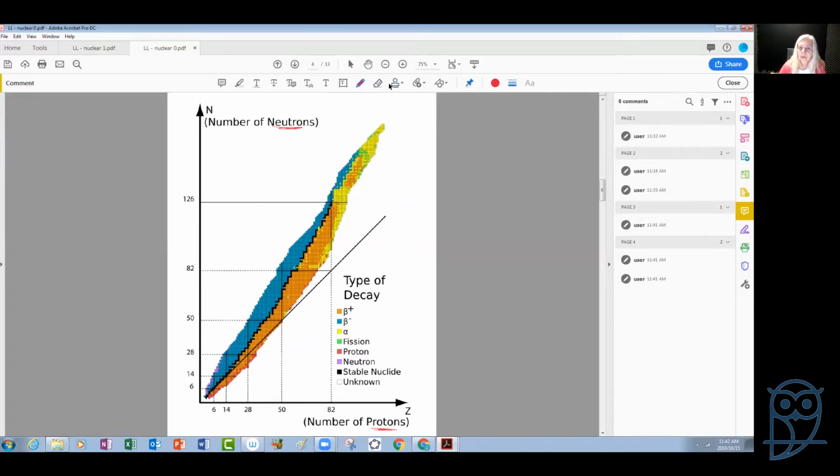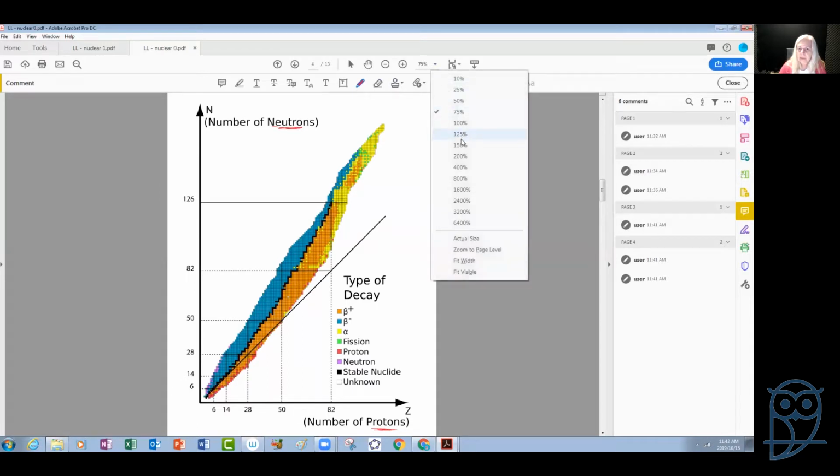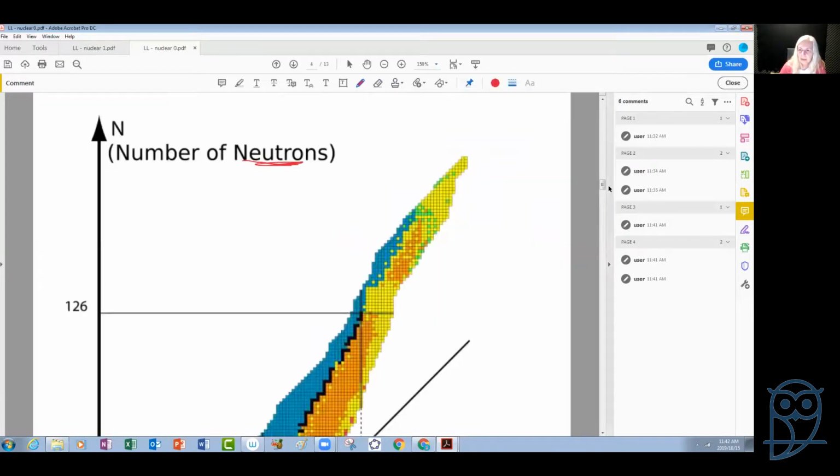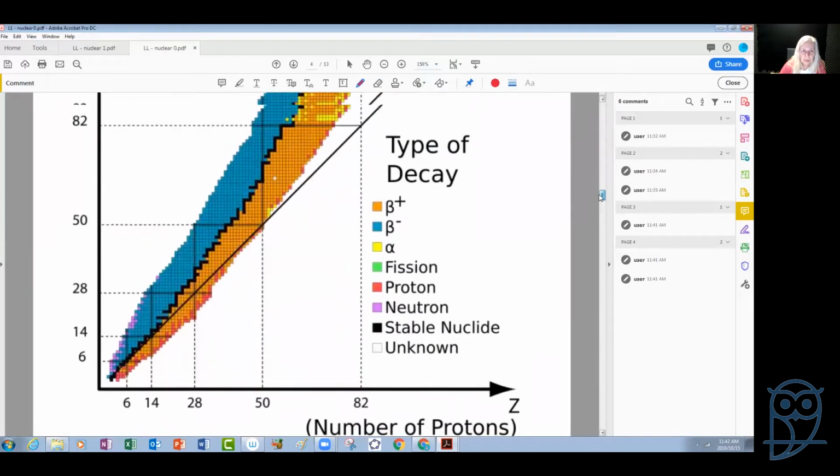Now, I would like us to make it a bit bigger. If you look at every little square here, it corresponds to an isotope of an element that has a particular number of protons.